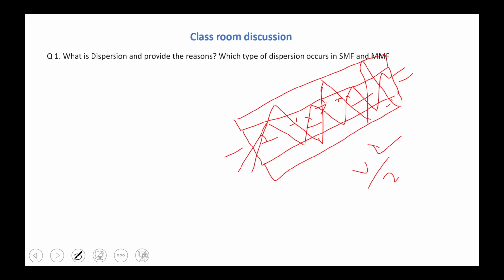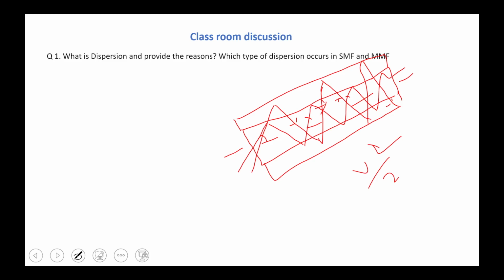But if you make the fiber diameter higher, it will still guide light and support more modes. So I think for skew rays you will need a larger core diameter. Whether it is multimode graded index or multimode step index, I'm not sure about that. I don't want to give you a wrong answer, so let me check and get back.